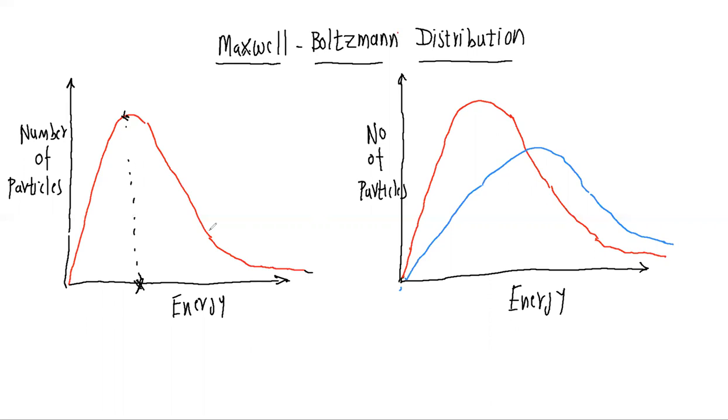So it is giving the distribution of the particles and how they possess energy. It can be kinetic energy or the total sum of energy, but mainly the kinetic energy.